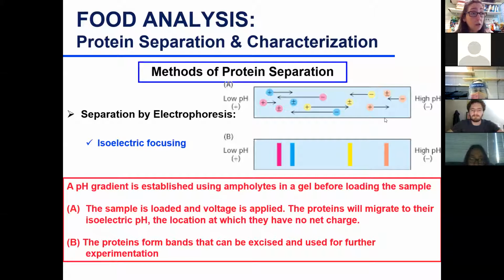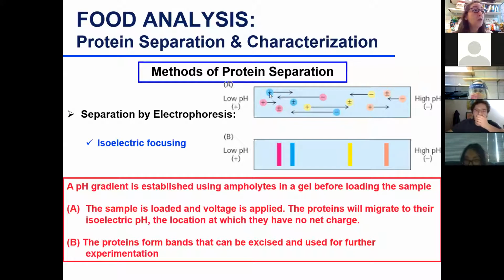We spot them on the gel before we load the sample, and we run a current. So we apply a voltage basically, and these pluses and minuses will start moving based on their charge.